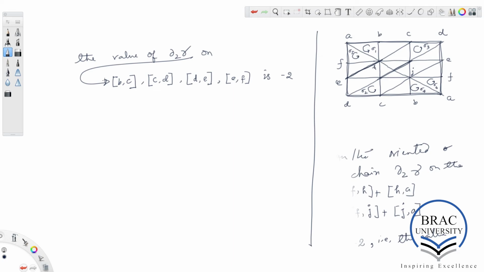One can similarly show that the value on each of these 4 oriented one simplices is also minus 2.